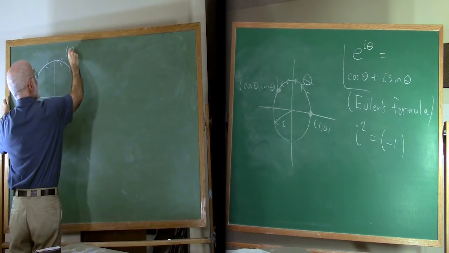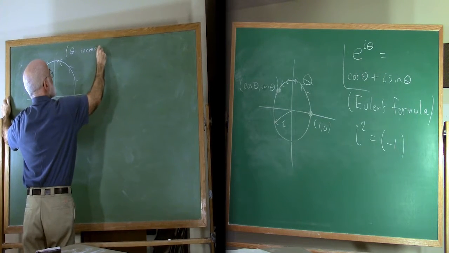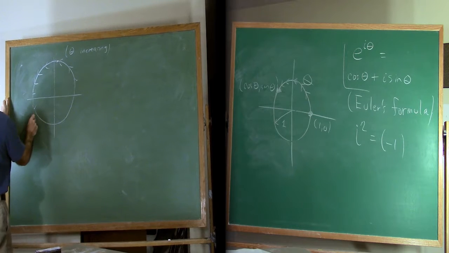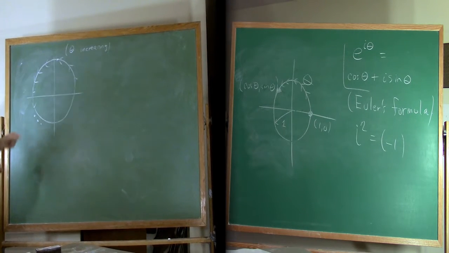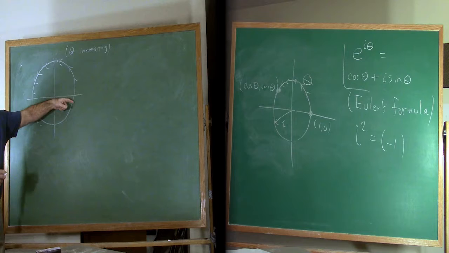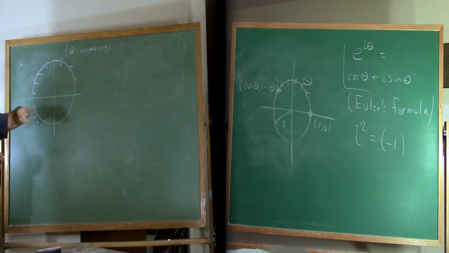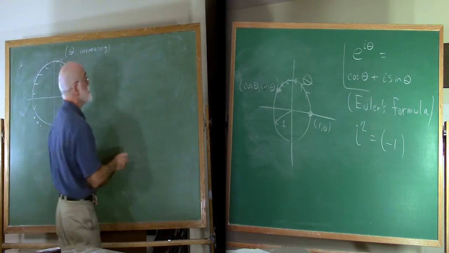So this is all for theta increasing. And so on. Maybe I don't want to get carried away. In particular, if you let theta go from 0 to 2 pi, that'll take you all the way around the unit circle.